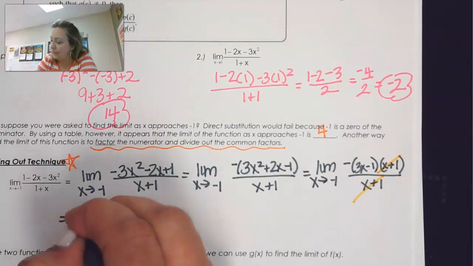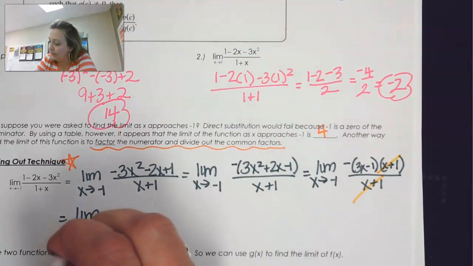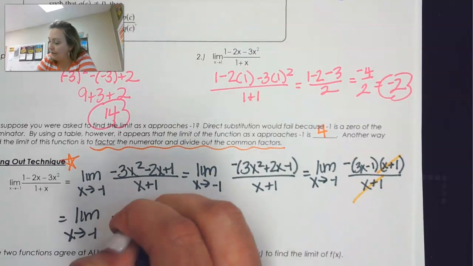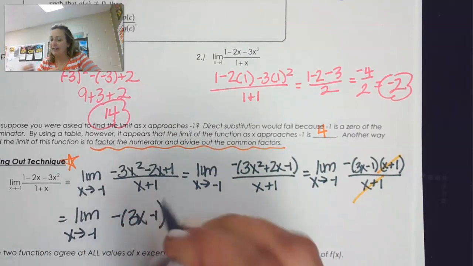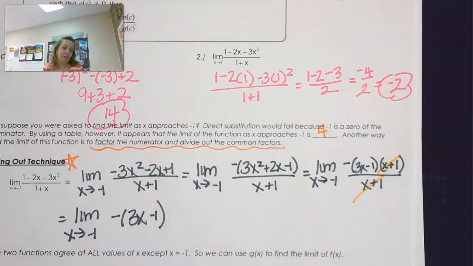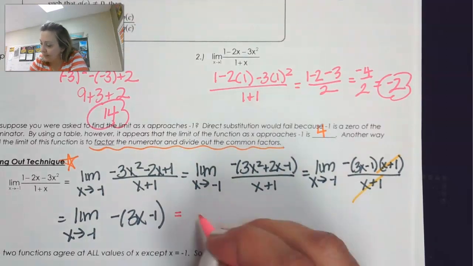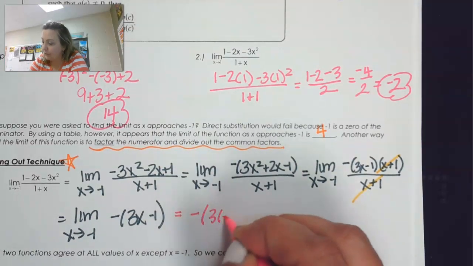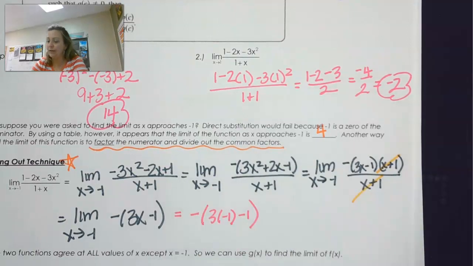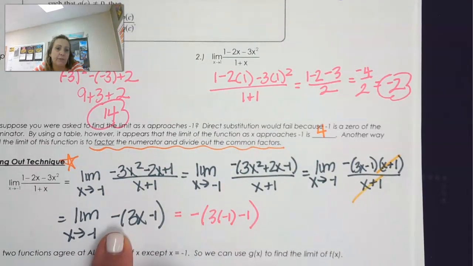And really what this will be equivalent to is the limit of the opposite of 3x minus 1 as x approaches -1, okay? And so now at this point, if I apply the direct substitution, I don't have an issue. So what I can do then is substitute this 3 times -1 minus 1. Or you could have distributed and used -3x plus 1.